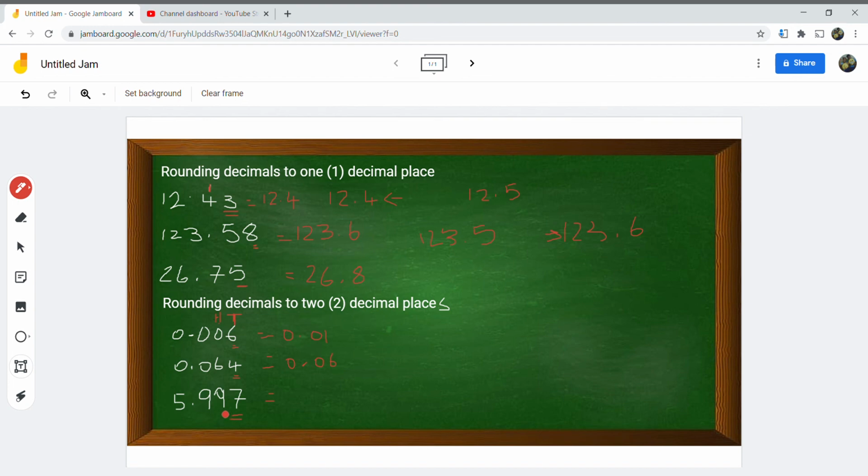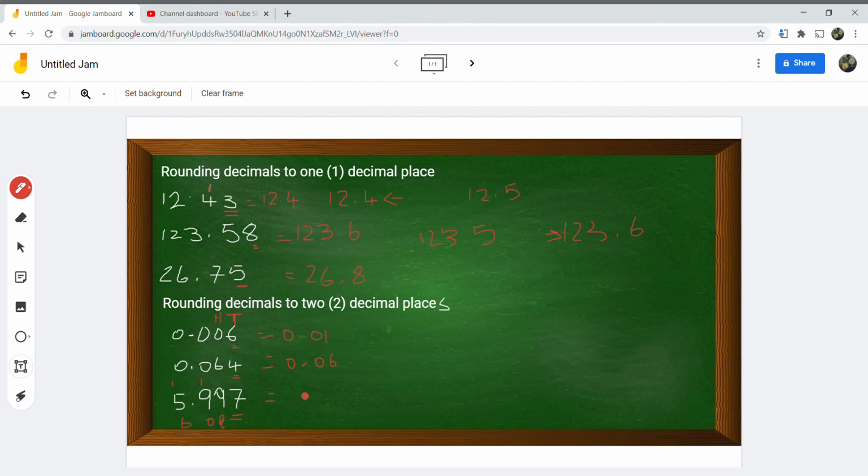So if we change this 9 to 10, that means we're going to have a 0 here, and we're going to have to carry 1 here. Then we add this 1 to the 9 here, and it gives us 10. So we put a 0 here, and we add the 1 to the whole number. And that 1 plus that 5 will give us 6.